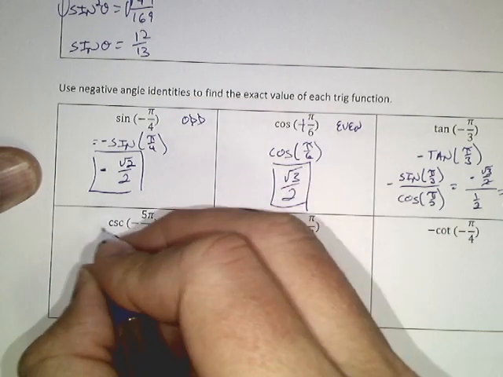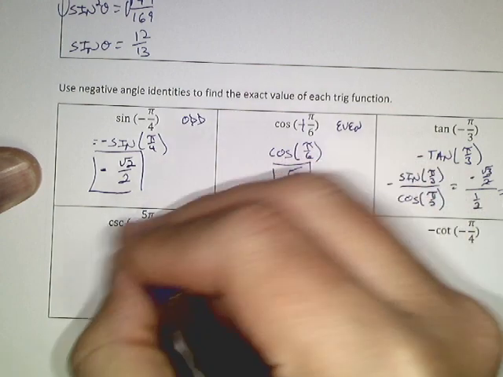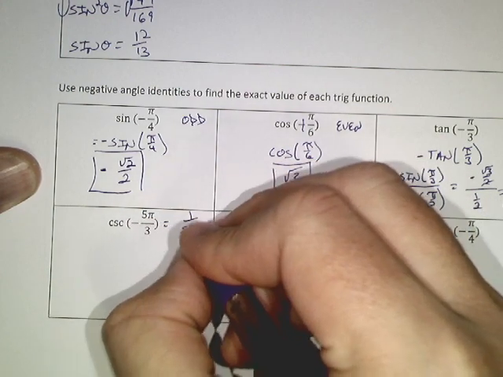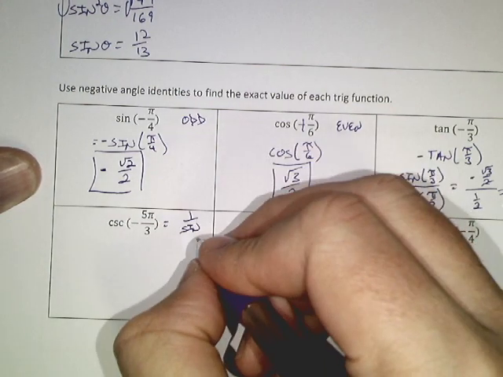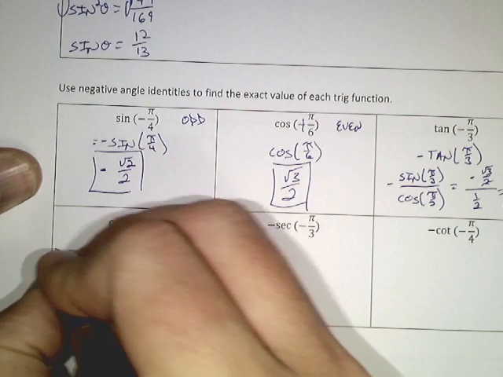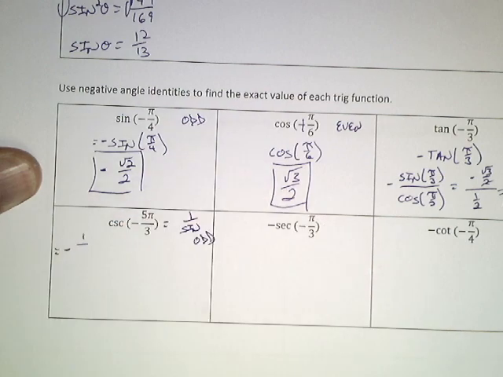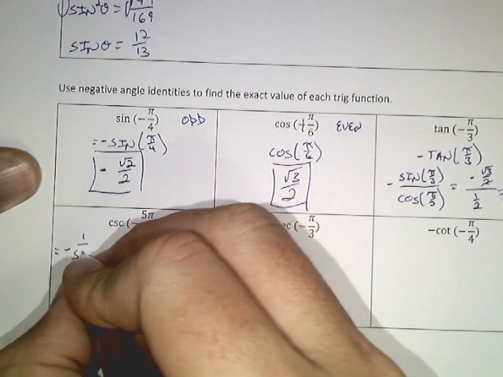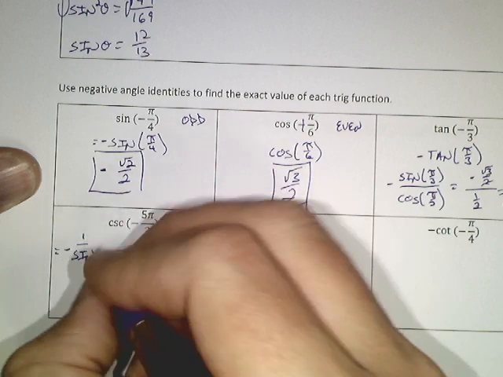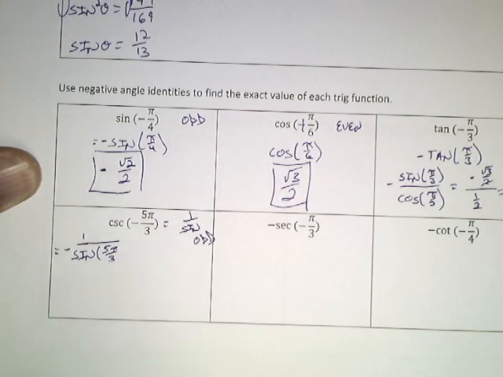Cosecant is equal to 1 over sine. And since sine is odd, that means cosecant is going to be odd as well. So this will be equal to a negative 1 over sine of 5 pi over 3.